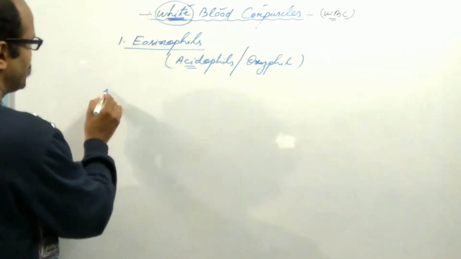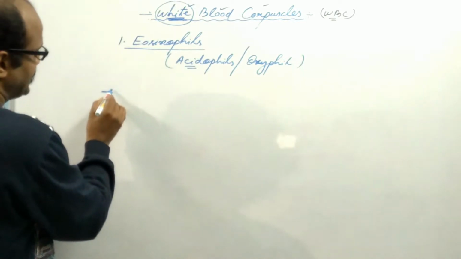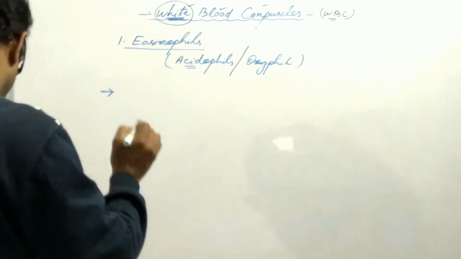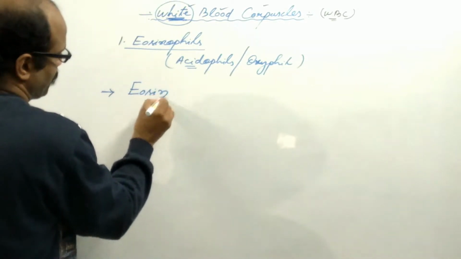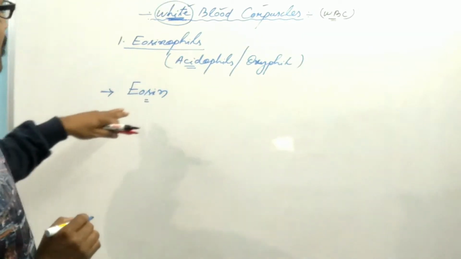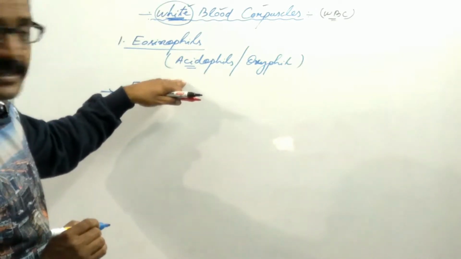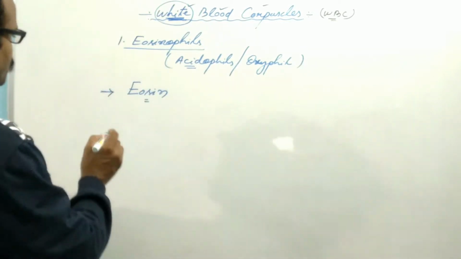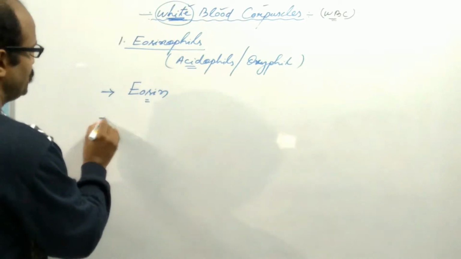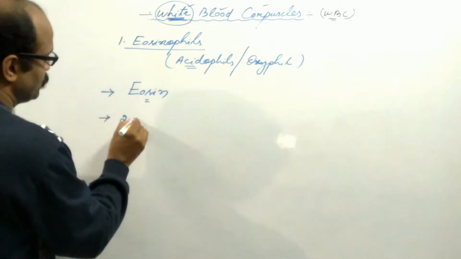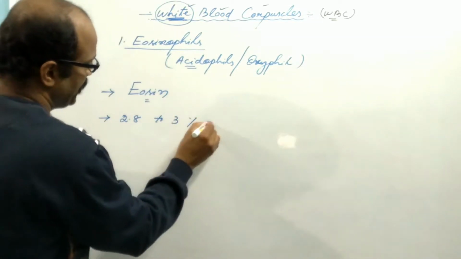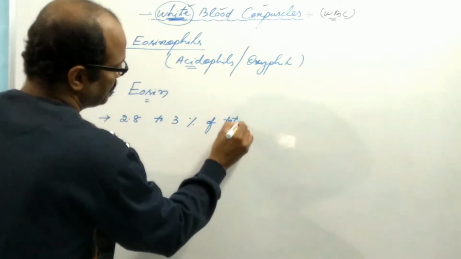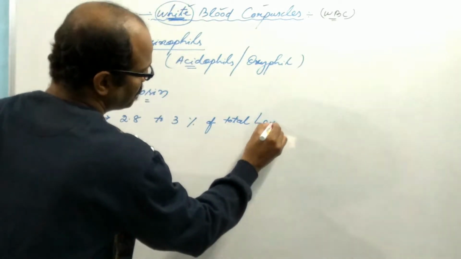These are the acidophil, meaning it is stained by acidic stain, for example eosin. These eosinophils constitute 2.8 to 3% of total leukocytes.